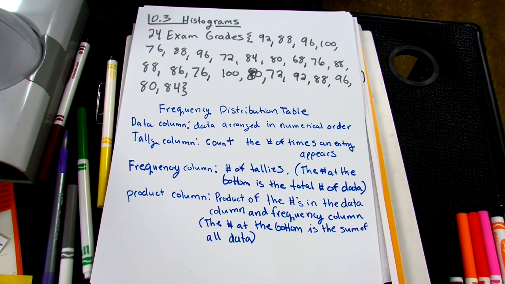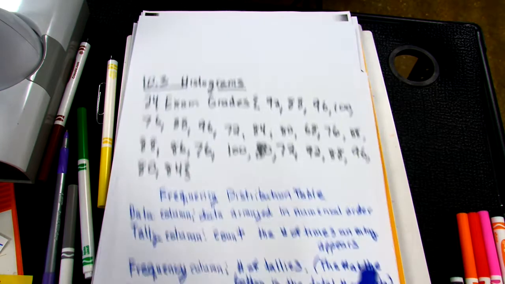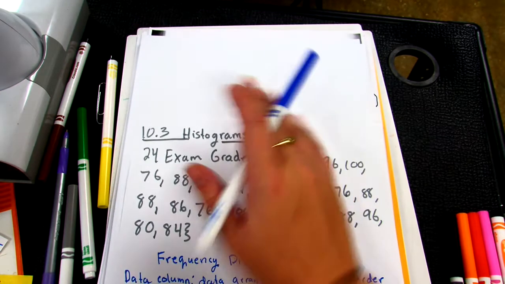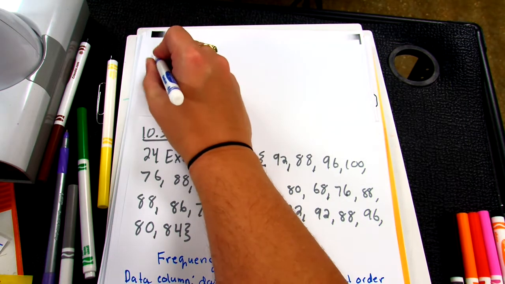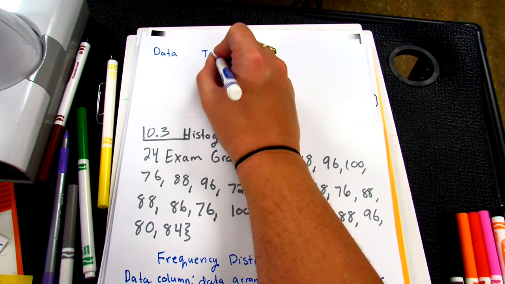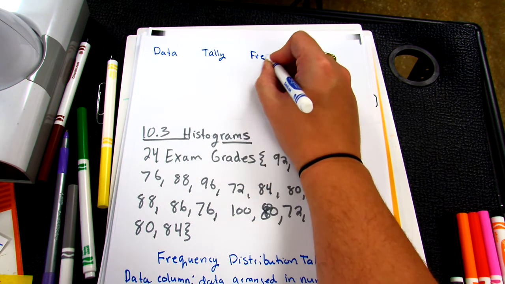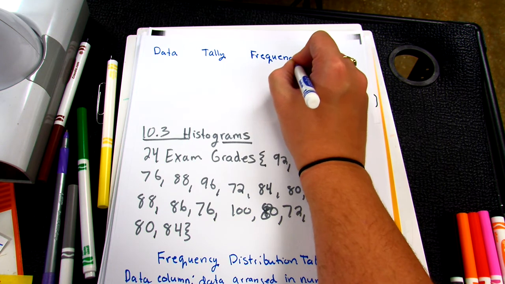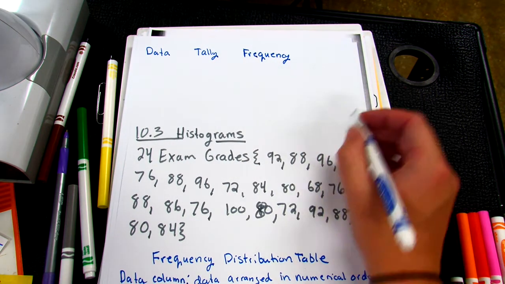So let's go ahead and look at what the frequency distribution table would look like for this particular data, right? So, again, remember we would have the data column and the tally column, the frequency column, and then of course we would have the product column.